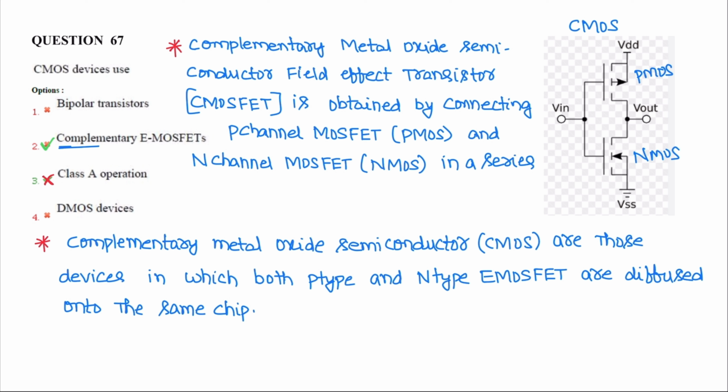Gates are tied to form a common input. It results in CMOS. Complementary metal oxide semiconductors are those devices in which both P-type and N-type enhancement MOSFETs are diffused onto the same chip. Correct option is 2. CMOS devices use complementary E MOSFETs.